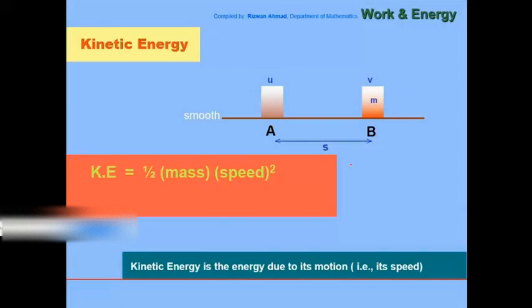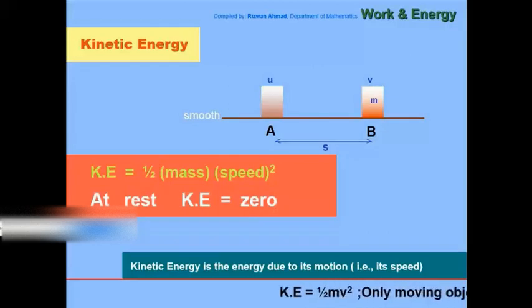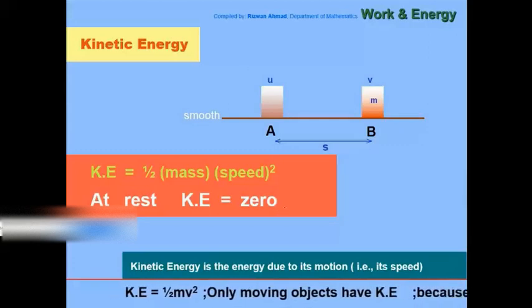If it is velocity, we take the magnitude of that velocity, so that will be speed. At point A, the kinetic energy will be half mu square, for the speed at A is u. Similarly, at point B, the kinetic energy will be half mv square. At rest, the kinetic energy will be zero because the speed is zero, so half mass times zero square becomes zero.